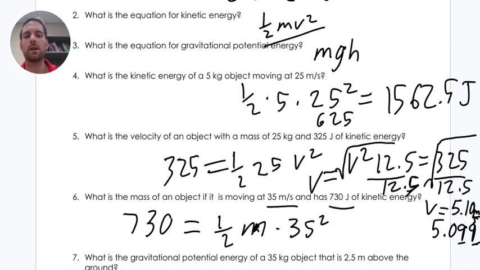And from here, I want the mass, 35 squared, divided by 2, 612.5 equals 730.